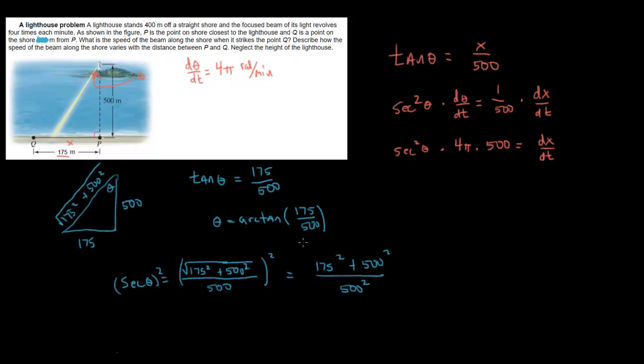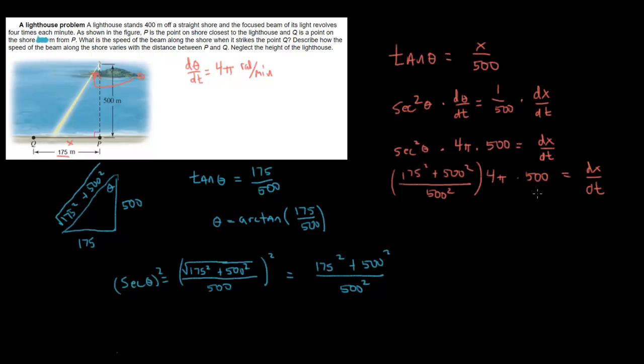Here I have an exact answer. So now I can simply plug in, and I can say, all right, secant squared is this. So it's 175 squared plus 500 squared over 500 squared. And then we have times 4 pi times 500 equals dx dt.